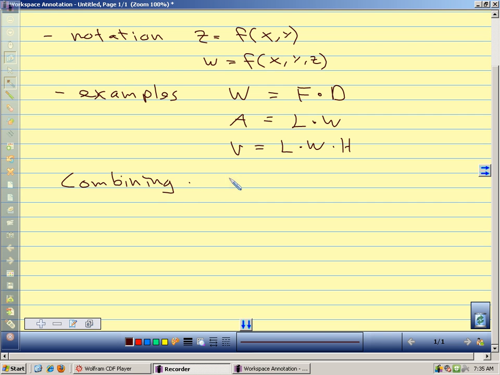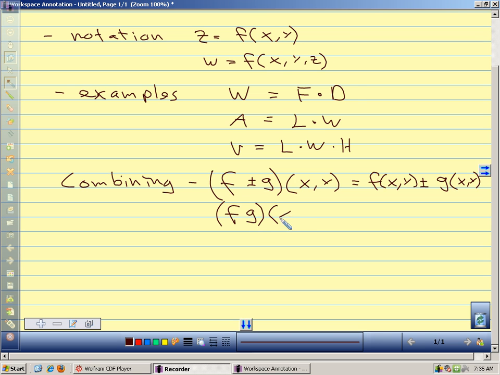Just quickly, f plus or minus g of x, y. We're just adding the two functions. This is just f of x, y plus or minus g of x, y. Just like a single variable function. If we multiply f times g, we're just multiplying our functions.